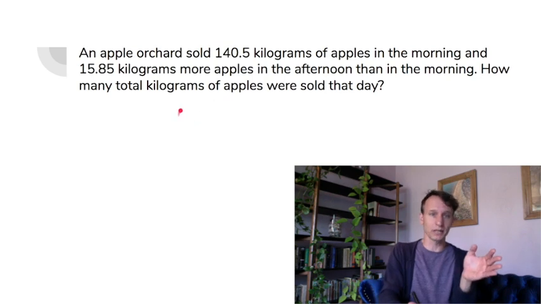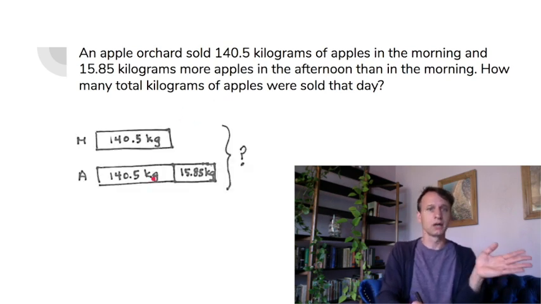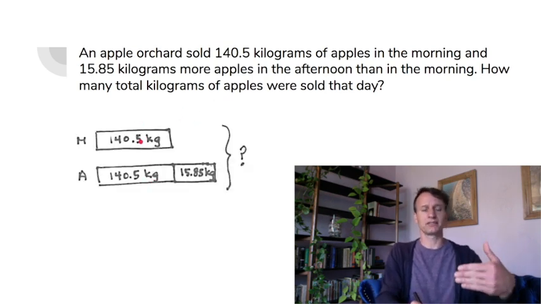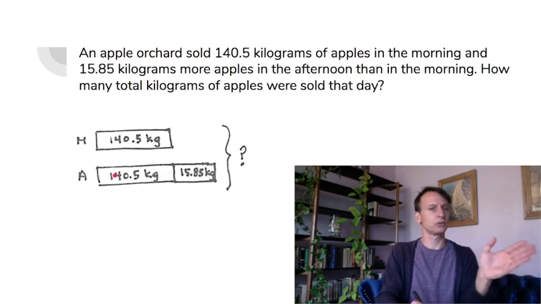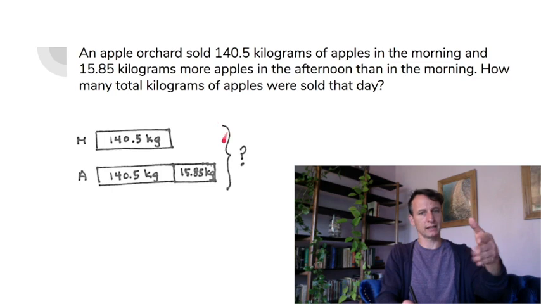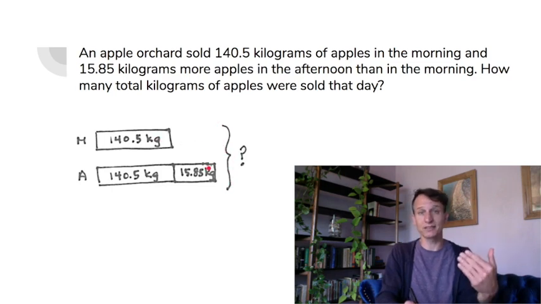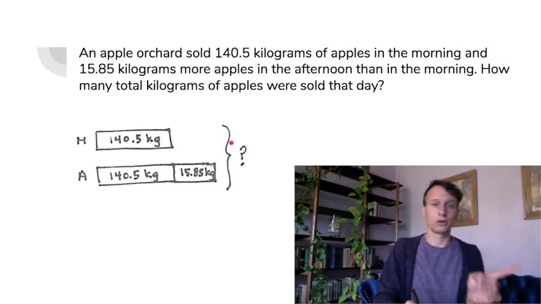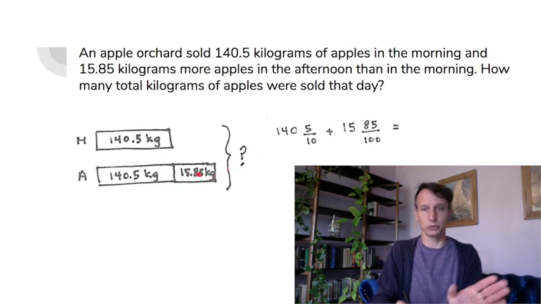So we have morning and we have afternoon. Morning, 140 and 5/10. Afternoon is that plus the additional amount. And our bracket indicates, hey, we want to find the two of them together. So let's do that. Let's first find afternoon, 140 and 5/10 plus 15 and 85 hundredths. Okay, so 5/10 is how many hundredths? 50 hundredths.